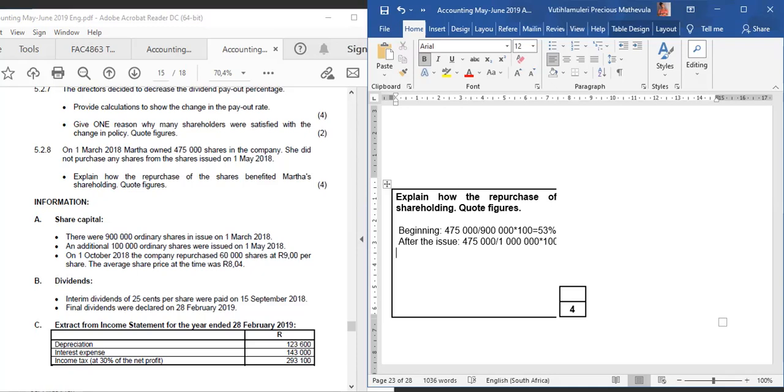Times 100. So now Martha only owned what? 48%, right?